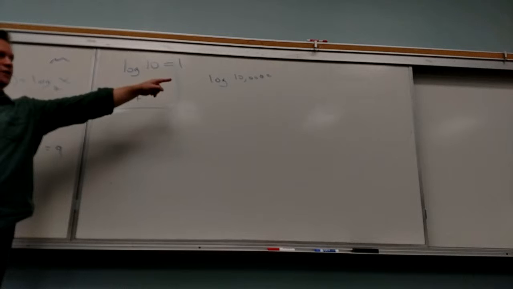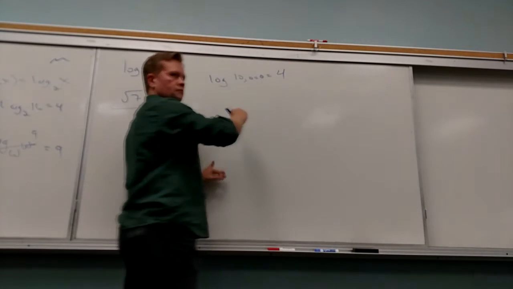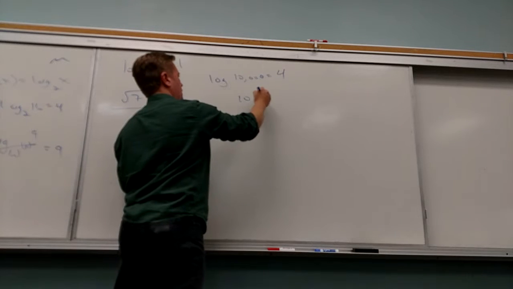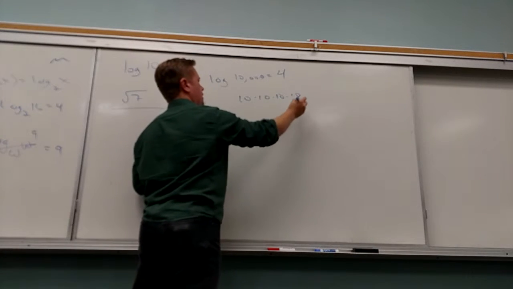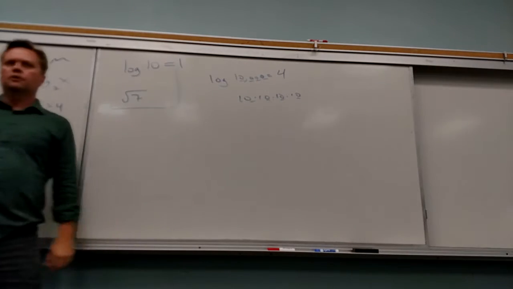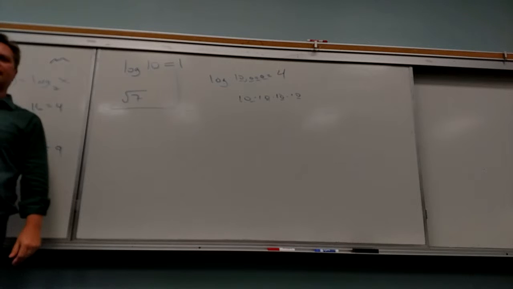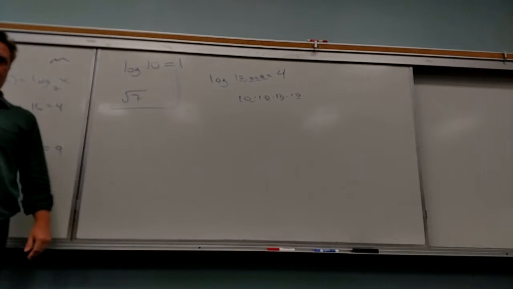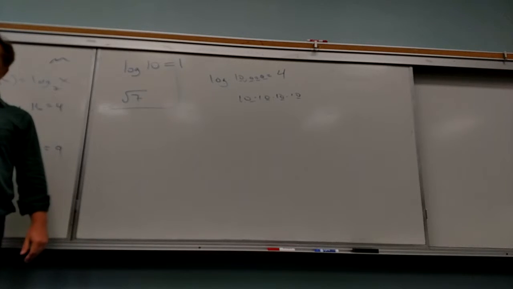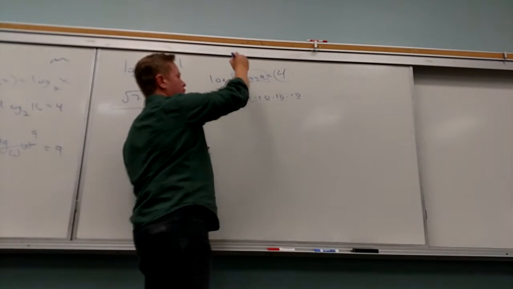So for 10,000, how many 10s do you need then? 4. 10 times 10 times 10 times 10. 1, 2, 3, 4 zeros. It's base 10, so you're thinking, how many 10s would it take to multiply to be this? So on a Richter scale, 4 somehow relates to a power of 10,000.